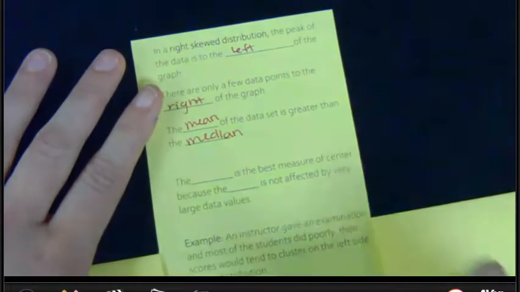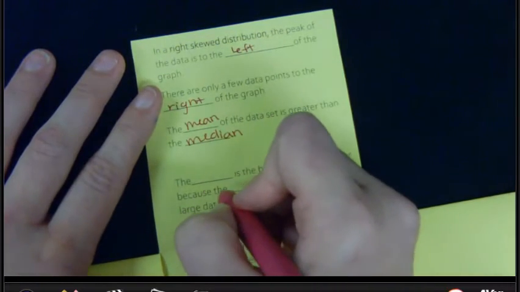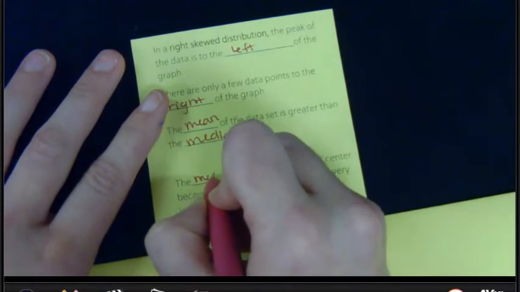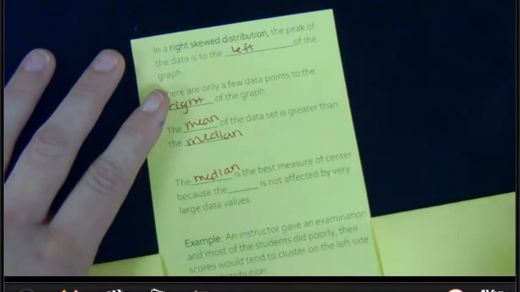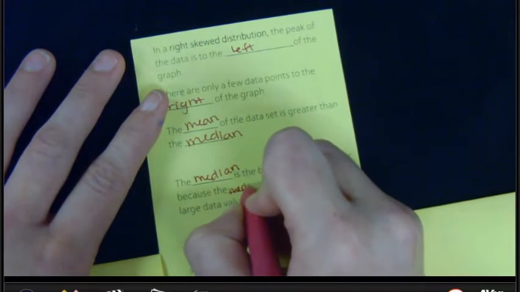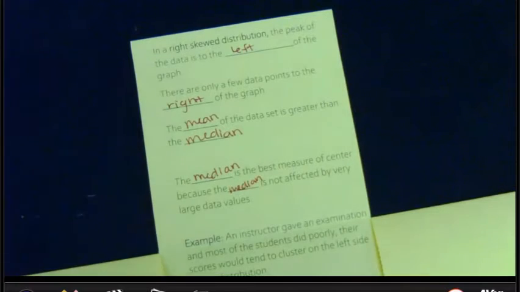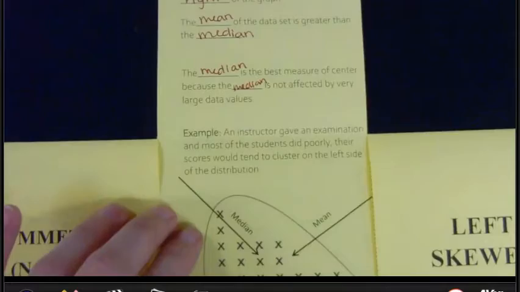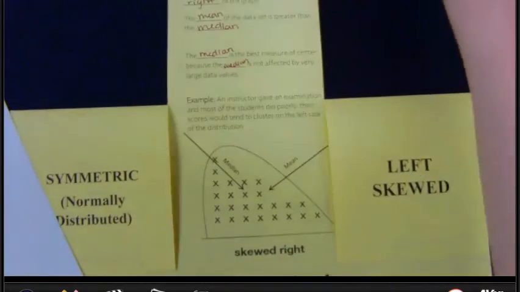Okay. The median is the best measure of center because the median is not affected by very large data values. Okay. And so this is what our right skewed graph looks like.